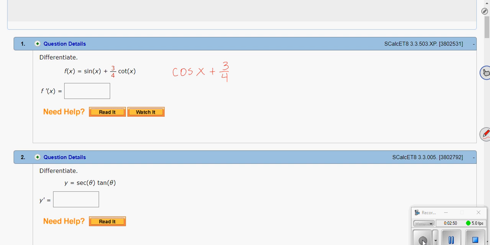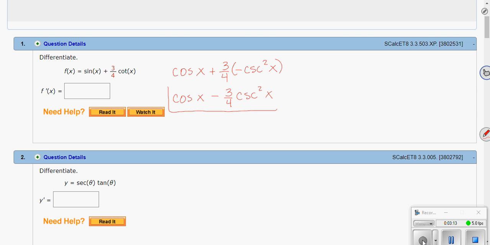The derivative of cotangent x is negative cosecant squared x. So if we clean this up a little bit, this is cosine x minus 3/4 times cosecant squared x. That would be your answer right there.